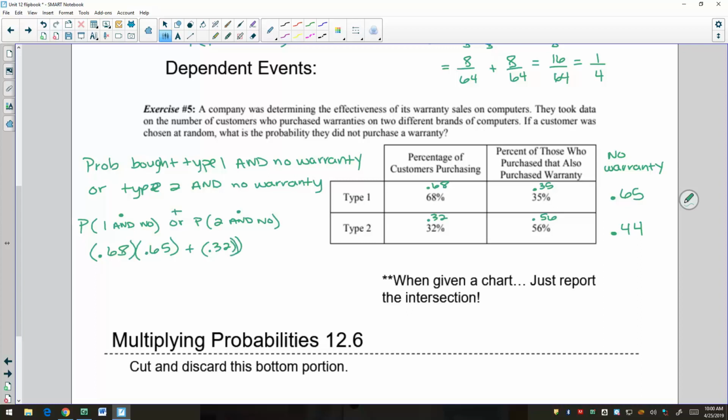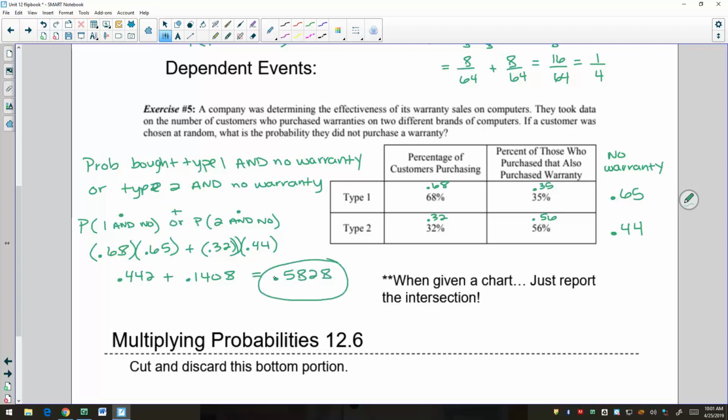Whoops, I put 2 parentheses there. And then no warranty would be 0.44. Now you're going to multiply those numbers out and then add them together. So it turns out to be 0.442 plus 0.1408. And when you add those up, you get a final probability of 0.5828. And that's your final answer.